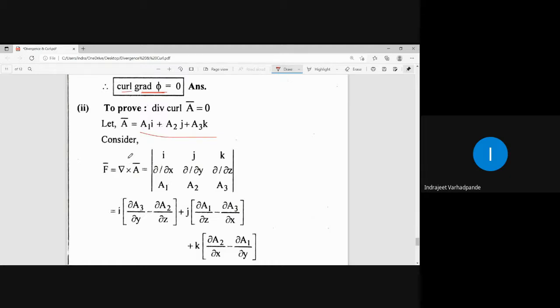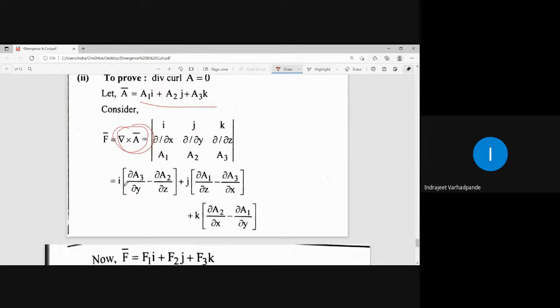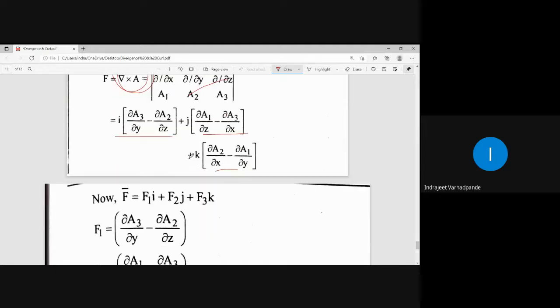F bar will be nothing but the curl of A bar, del cross A bar. del cross A bar इस तरीके से दिया गया है, del A3 by del y, del A2 by del z. सिंप्लीफाई, कैंसल नहीं होगा. F bar is nothing but F1i plus F2j plus F3k. So ये आपका हो गया F1, ये हो गया F2, ये हो गया F3.